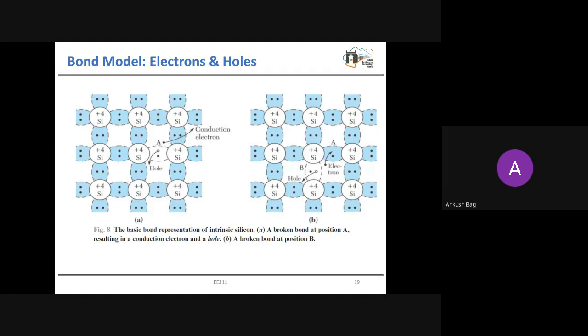So these are the covalent bonds. Now if we break one particular covalent bond, then we'll get one electron. At the same time, we'll also get one hole. So a hole is nothing but the absence of an electron. And this hole as well as the electron can move within the crystal.